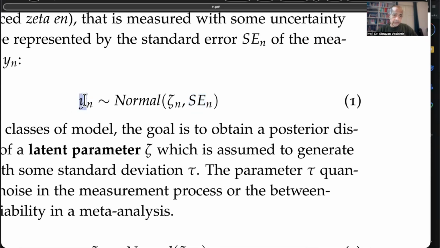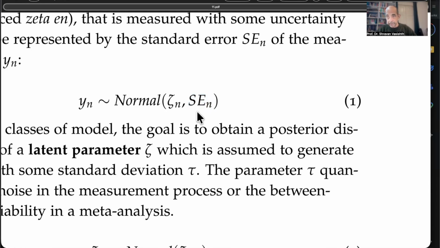These two pieces of information allow us to set up a model where we assume that each of the n studies' effect sizes is coming from a Gaussian distribution, where the standard deviation of the Gaussian distribution that's producing the nth study's estimate is whatever the standard error is.